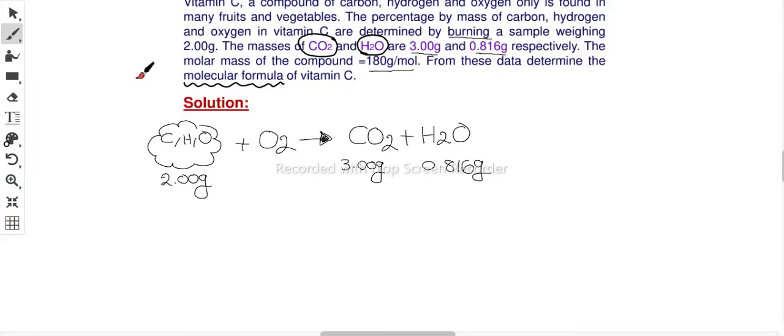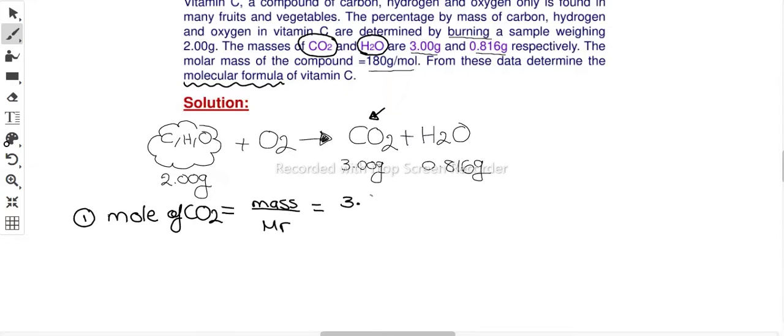So we're going today to learn how we can deal with such examples. I'm going now to start answering the question step by step. The first step is to calculate the mole number of carbon dioxide. So I will start with the carbon dioxide as the first product presented inside my combustion chemical reaction. Of course, as you previously know, the mole equals mass over the molar mass.